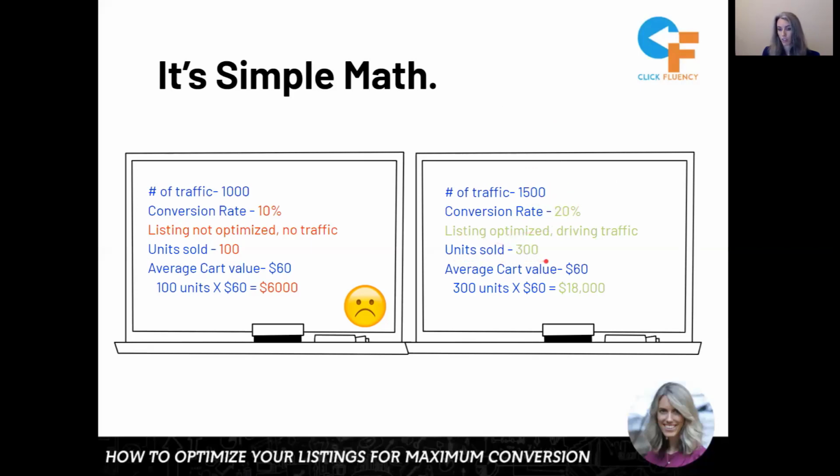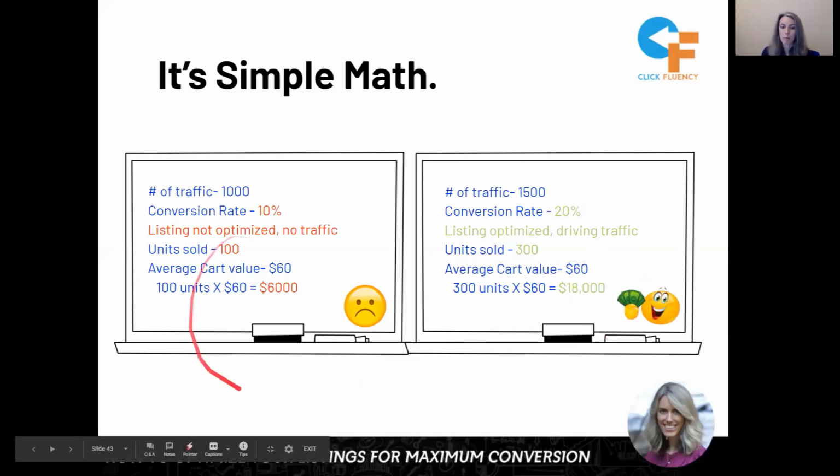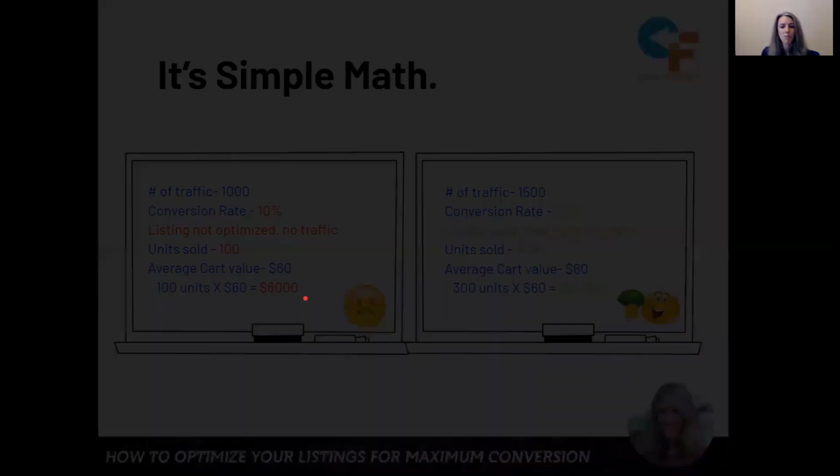Then you sell 300 units for an average cart value, let's say, of $60, that leads to $18,000 in sales. So, to be quite honest, this is a good starting point, especially if that was just one product or listing. But there's just so much more, that's almost 3 times the sales. So that is definitely much better. Like I said, this is still definitely a good starting point.